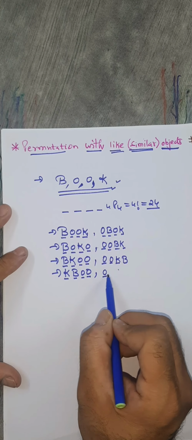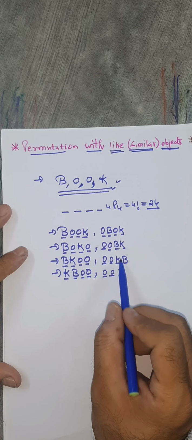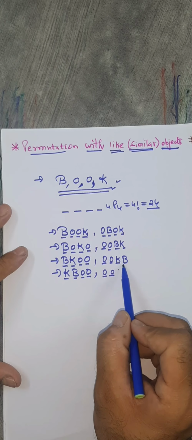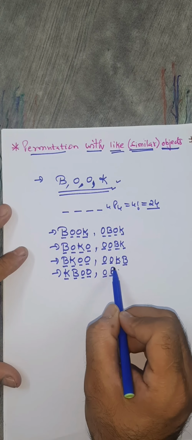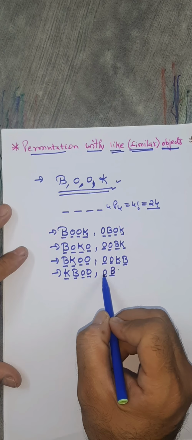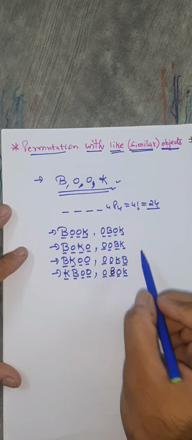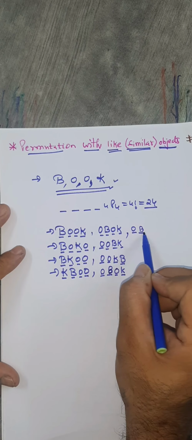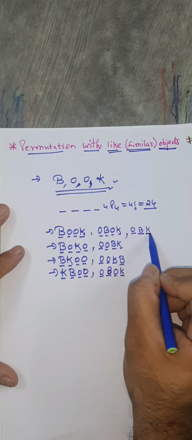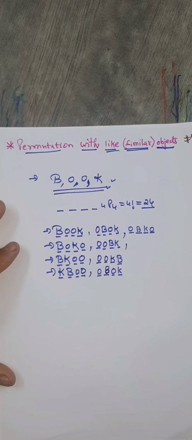Then BK came, KB came. Then what else do I need to do? Now I'll take B here, for example. Change the position. OB, OK, for example. Fine. Then I'll write OB. Then I'll write KO.